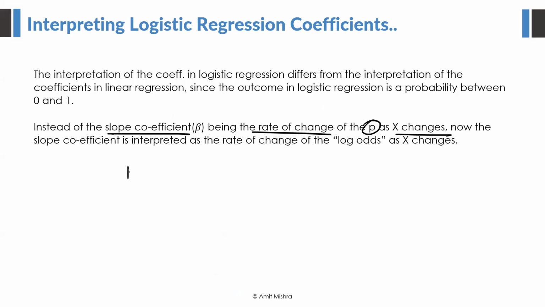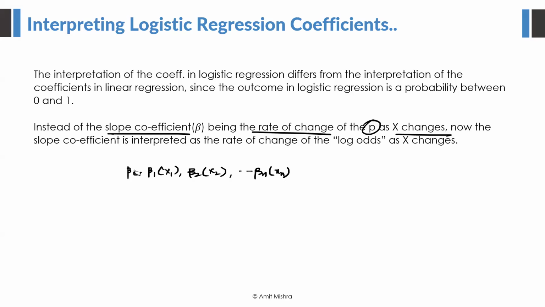So beta naught, beta 1 into x1, beta 2 into x2, all the way till beta n into xn.